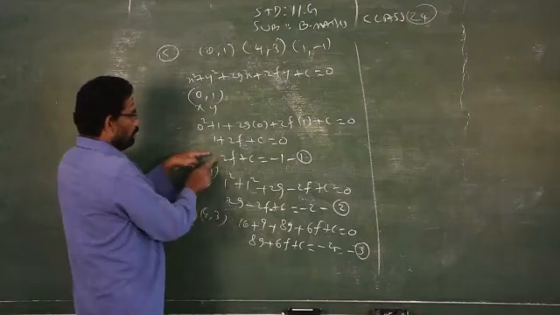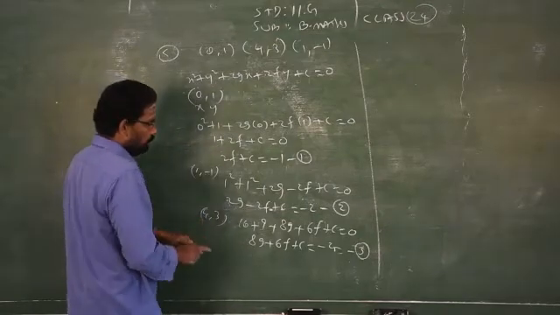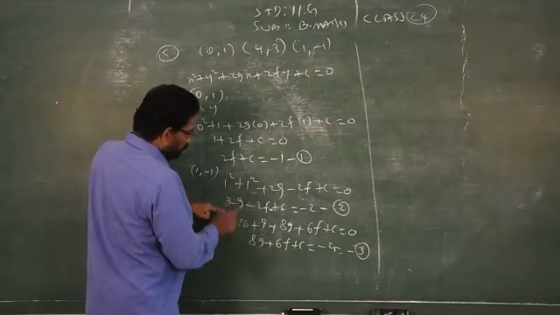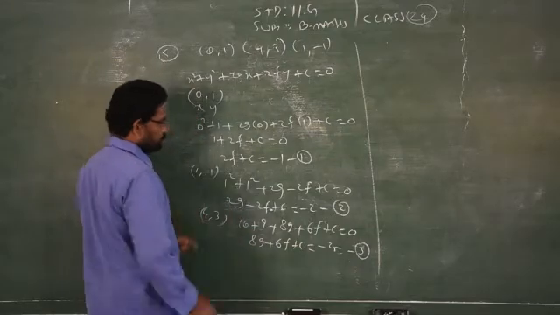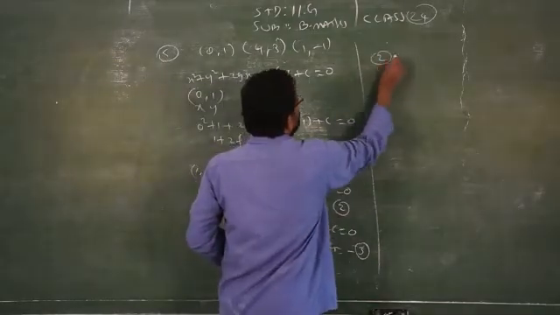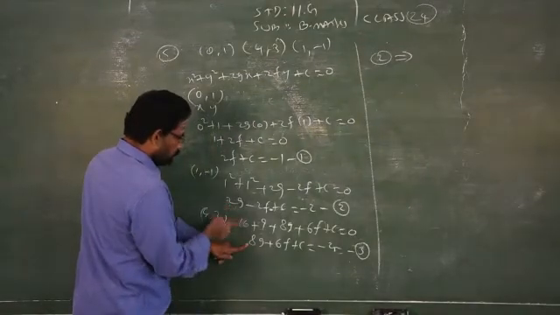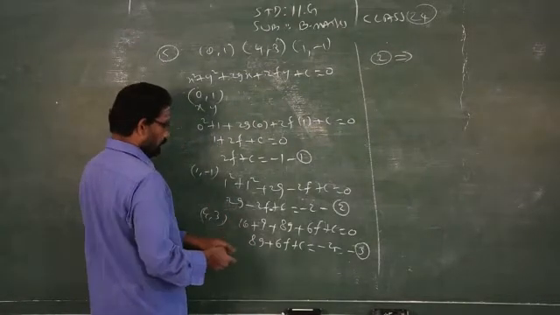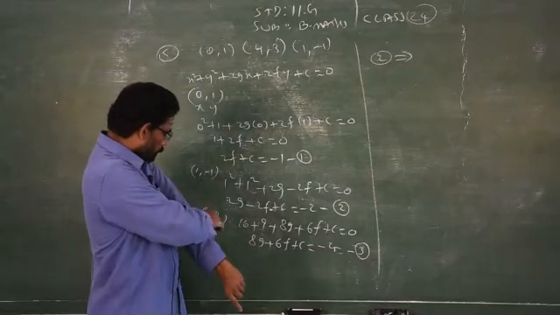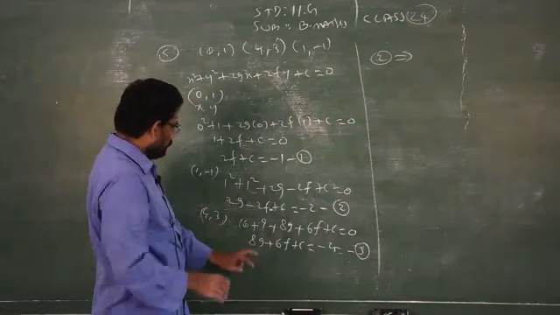So here I don't have a g variable, therefore from equations 2 and 3, I have to eliminate g. In equation number 2, here it is 8g, and here it is given 2. How do we apply the elimination method? The coefficient of g should always be the same.